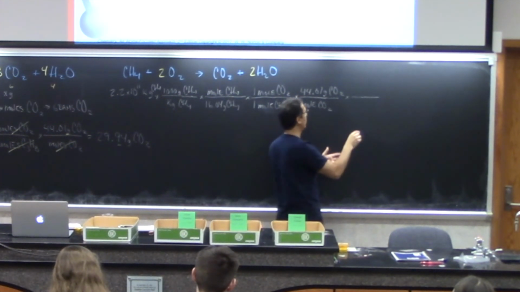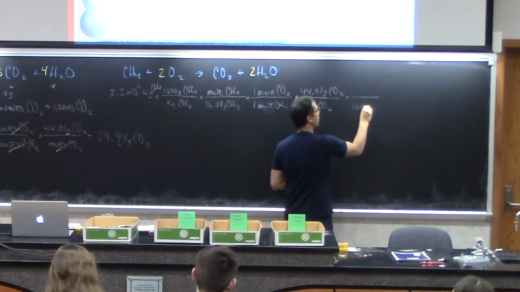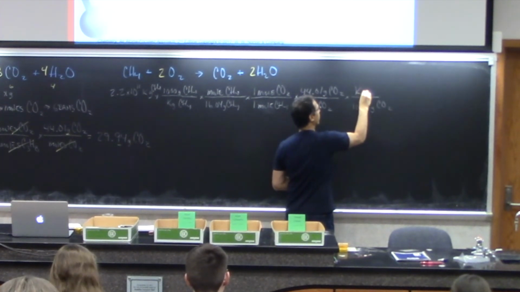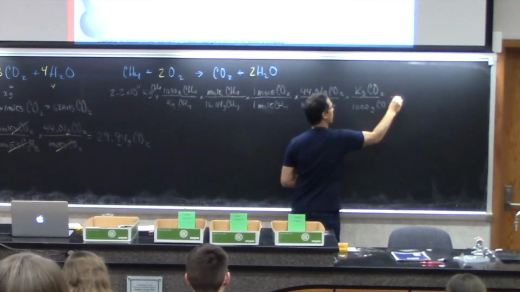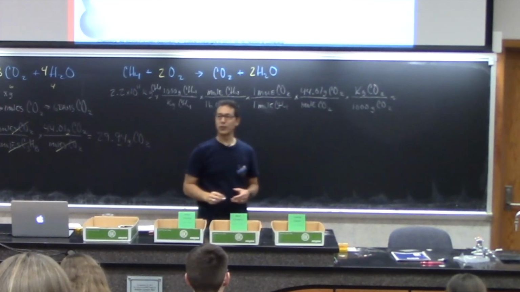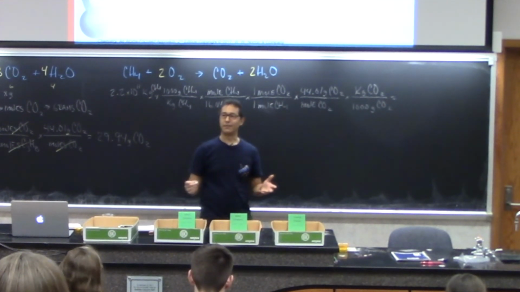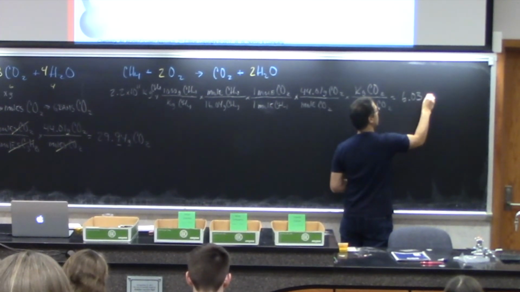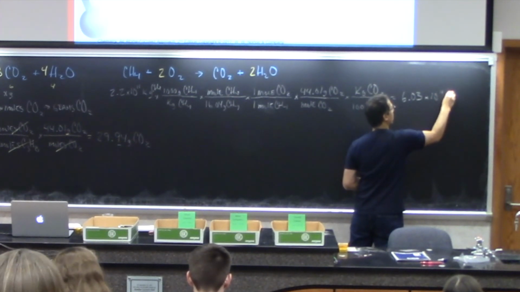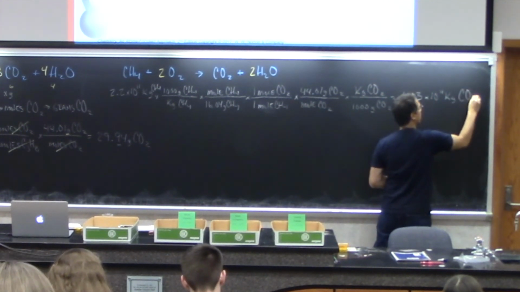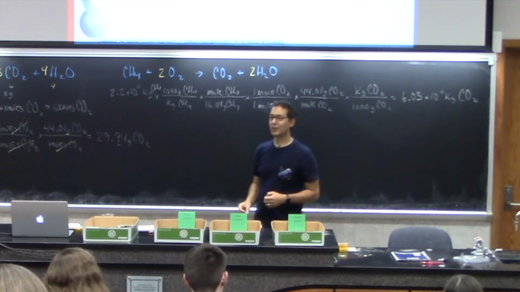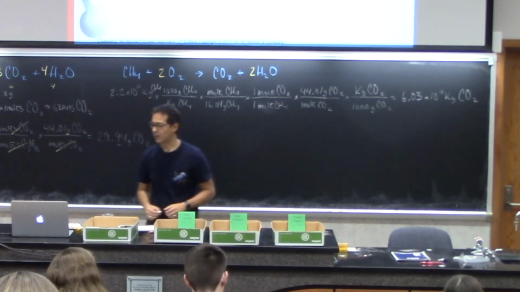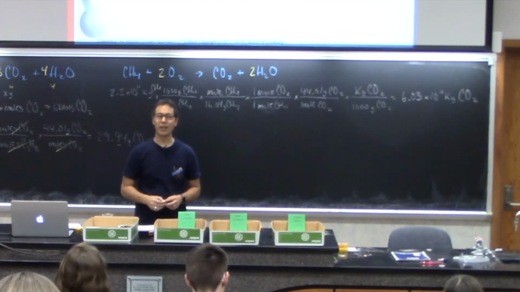Convert back to kilograms, and there's 1,000 grams per kilogram. Okay, and this gives us some big number. 6.03 times 10 to the 11th kilograms of carbon dioxide, which is not an insignificant amount. It's a fairly large amount. All right, nicely done. Thank you. Thank you for guiding us through that.